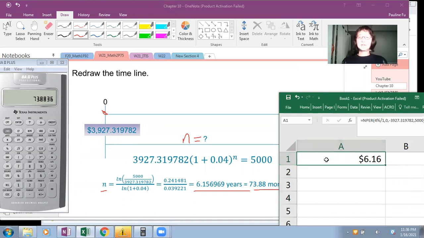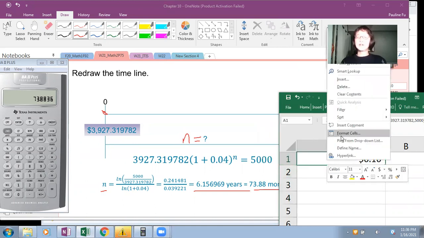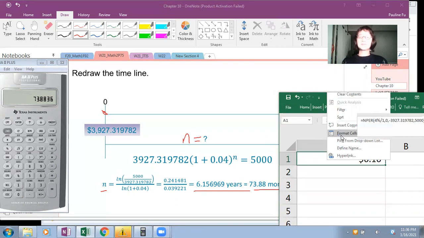So you get 6.16. I need to increase decimal places. Change the format. Because this is rate, I want to eliminate the dollar sign.